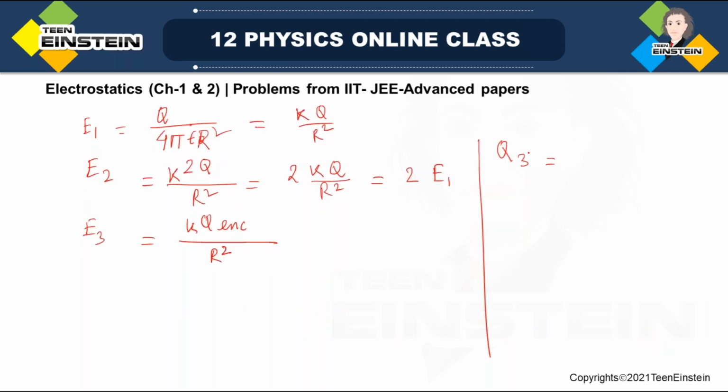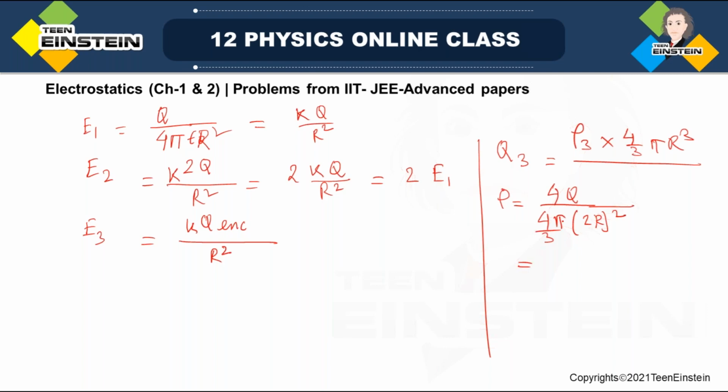So I have to find out the enclosed Q3, which is rho 3 into 4 by 3 pi r cube. What is rho 3? Rho 3 is 4q divided by 4 by 3 pi, the charge per unit volume. This sphere has radius 2r.